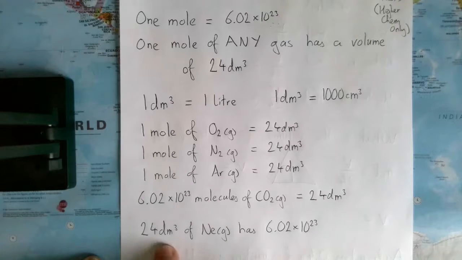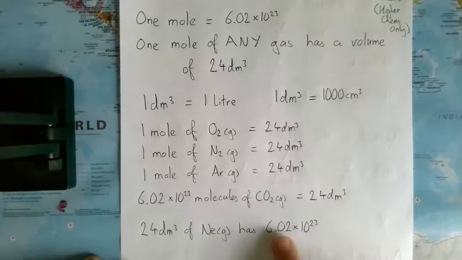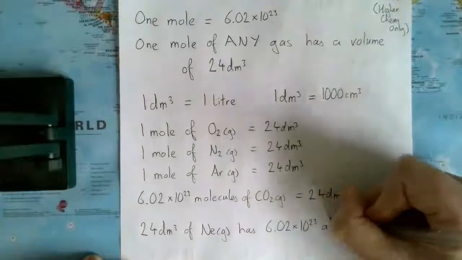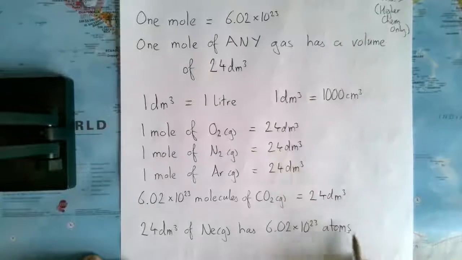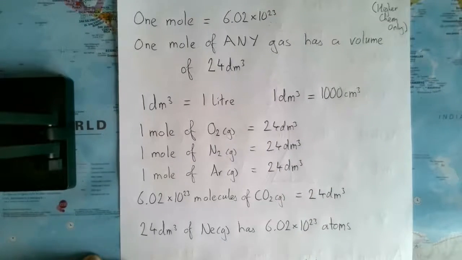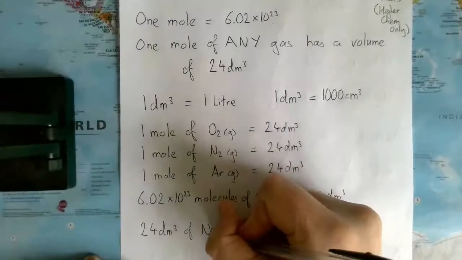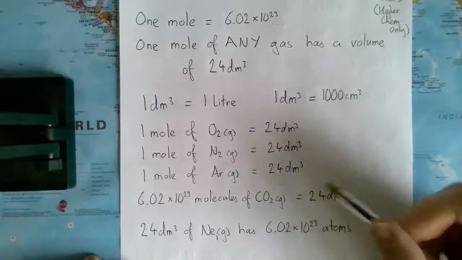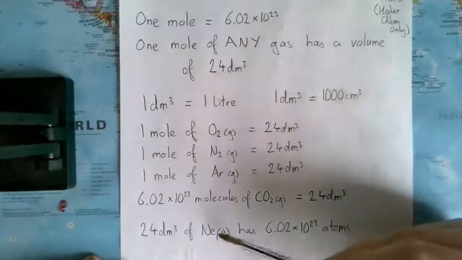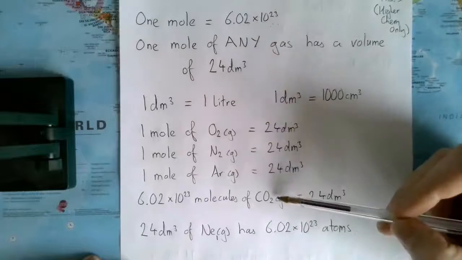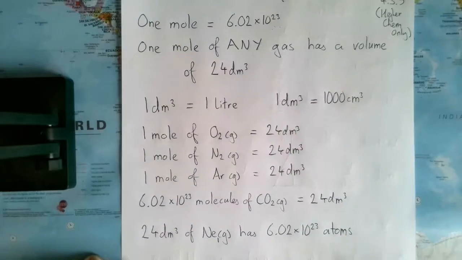Well, 24 decimeters cubed is 1 mole. It's got 6.02 times 10 to the 23 atoms. I say atoms because there's no number there, which means it's a 1, which means it's floating around as an atom. Argon, atom, neon, atom, and molecule, molecule, molecule, because there's more than one atom.